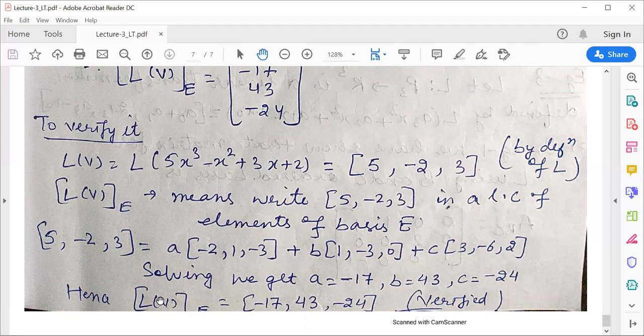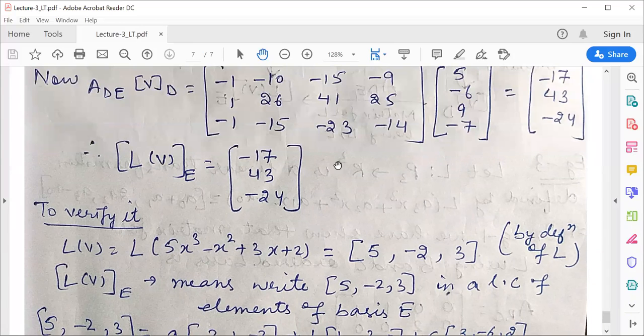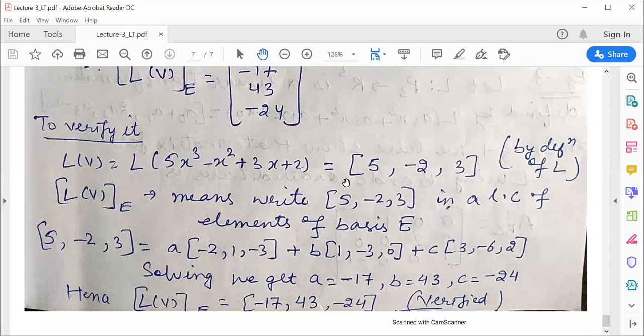And hence the coordinate vector of L of V with respect to the ordered basis E is equal to -17, 43 and -24, which is the same as you calculated by using the matrix multiplication. So that's all for this particular topic.